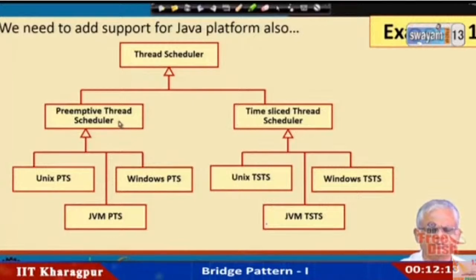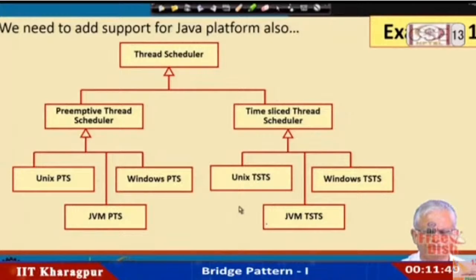One is the preemptive scheduler and the other is the time slice scheduler. But then their implementation is different on different platforms. For example, Unix, Windows, JVM. So these are the implementation domain and this is the abstraction domain.